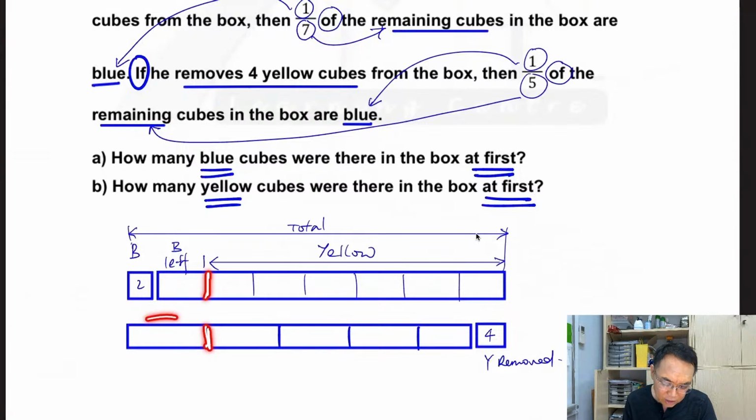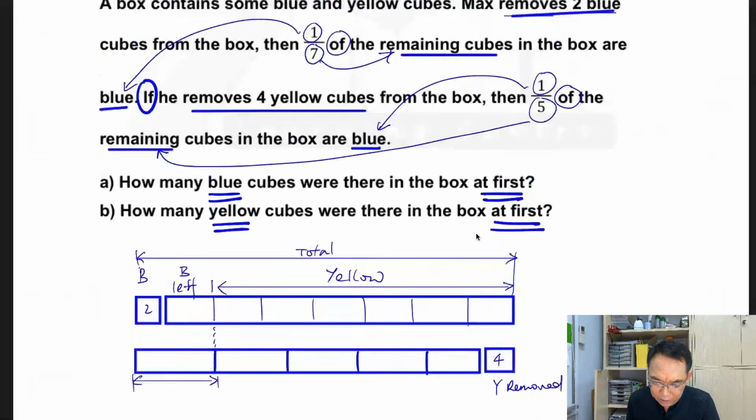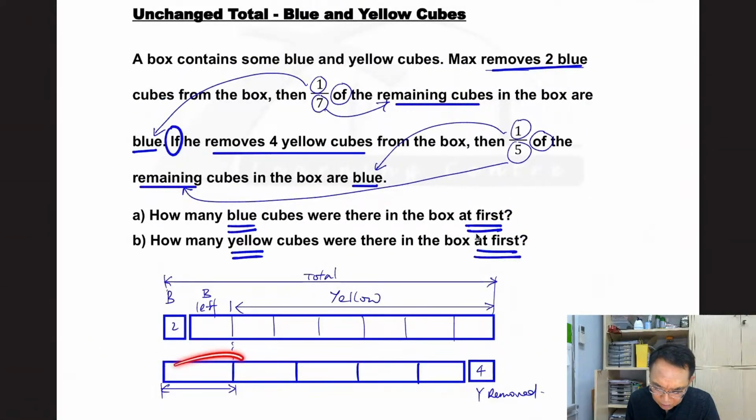Why? Because this is the 1/5 that is the blue, and these are the blue. So blue and blue should match. Okay, that's the logic. So now, this would be all the blue. Okay, question. In this case, in the second model that is below, in this model, were any of the blue removed?